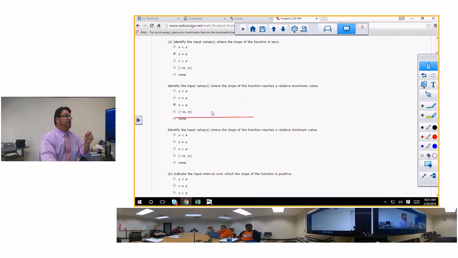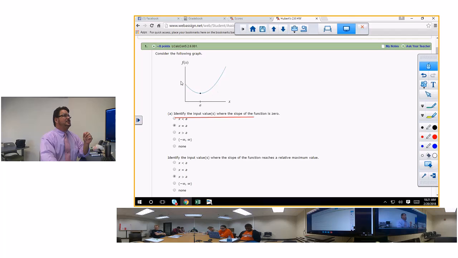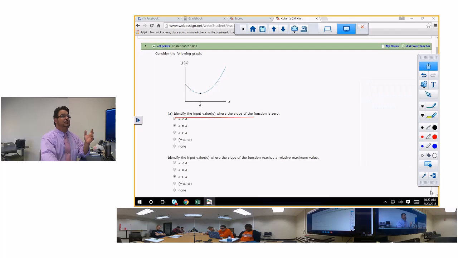Well, the closer and closer you get to a, but which side? Well, this side is going to be a negative slope. This side is going to be a positive slope. But right around a is going to be around 0. So it would have to be somewhere around a. So what are your choices?